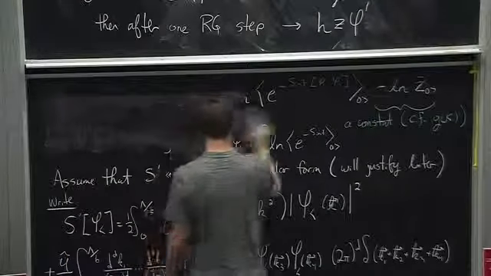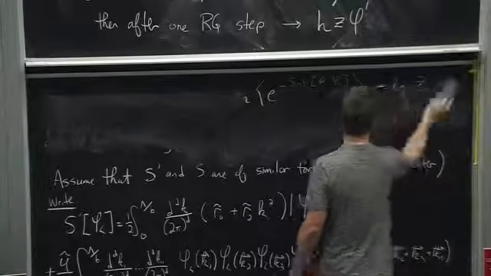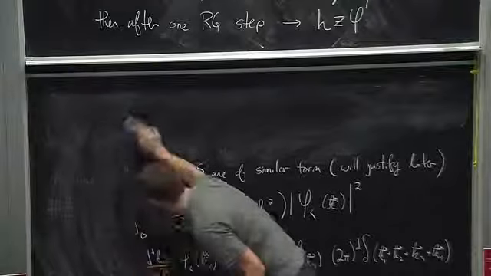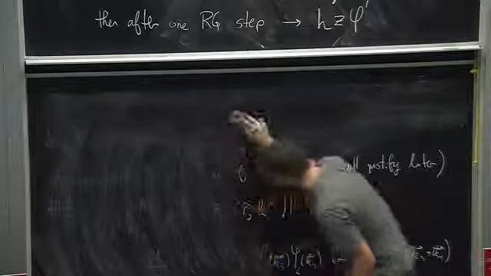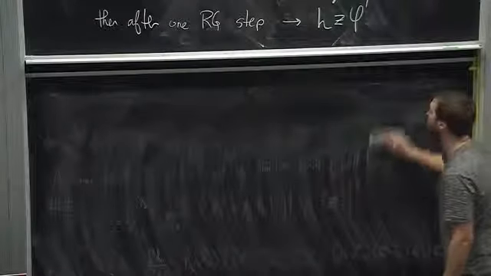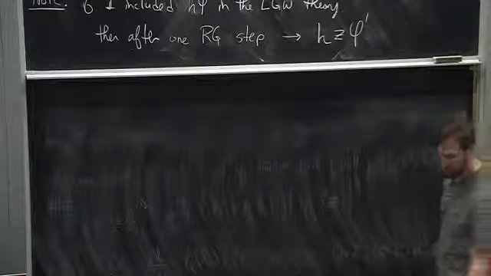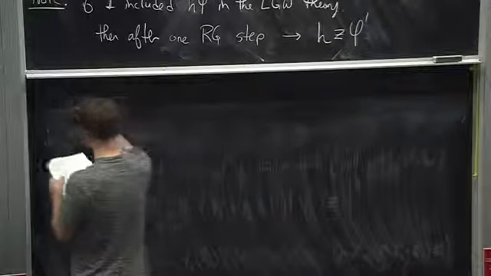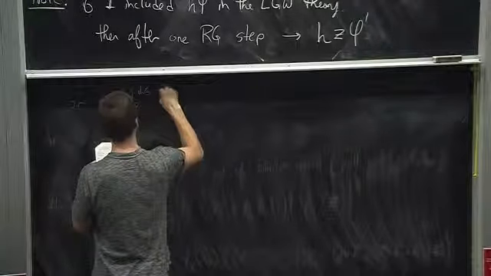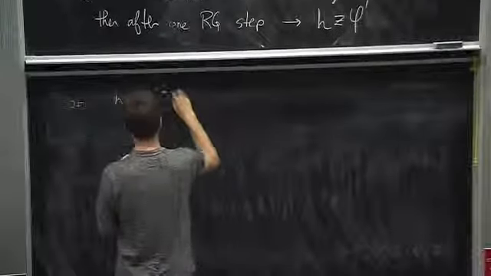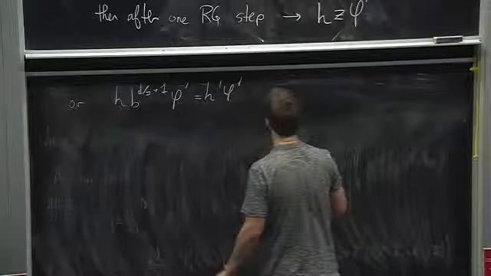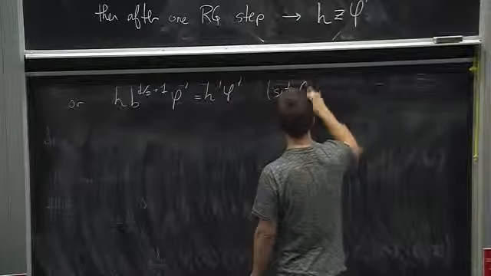So I think we can just do this. d minus d over 2 plus 1.